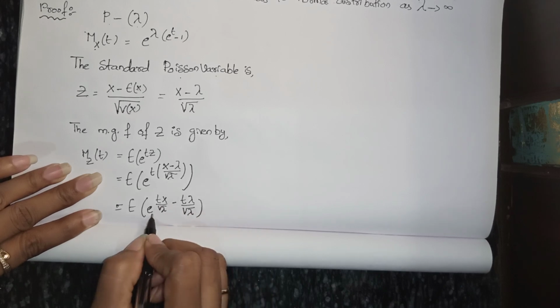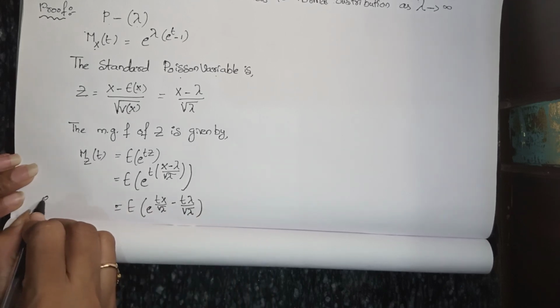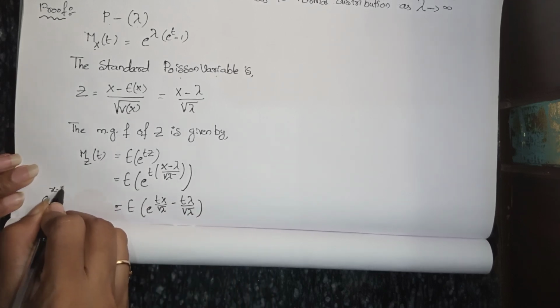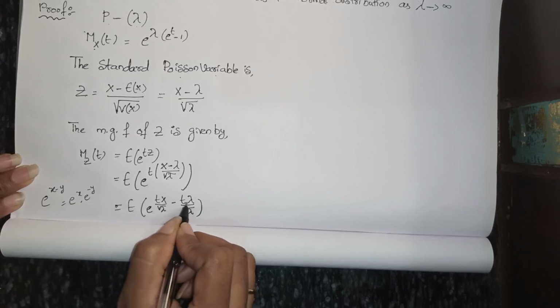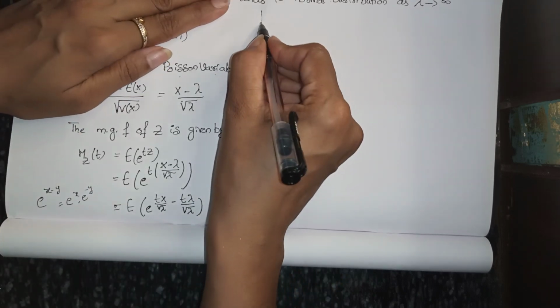Here it is in the form of e power (x minus y), so we write e power x into e power minus y. In the same way we write this term.